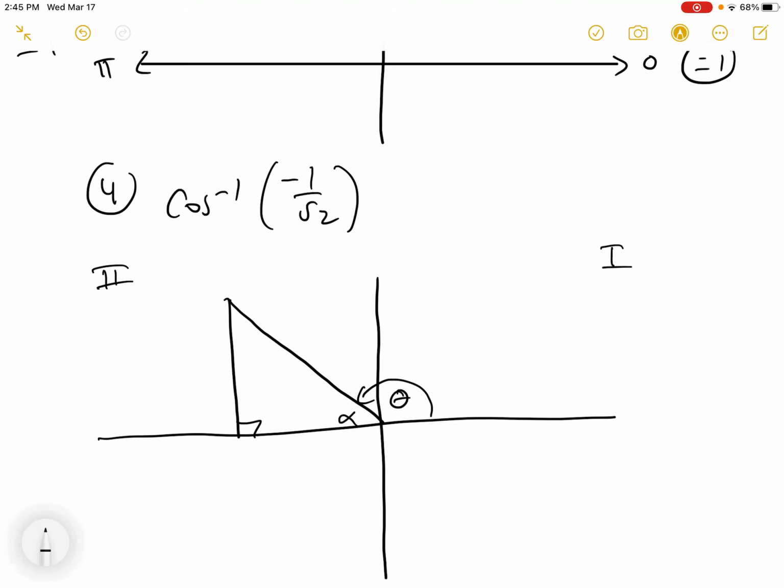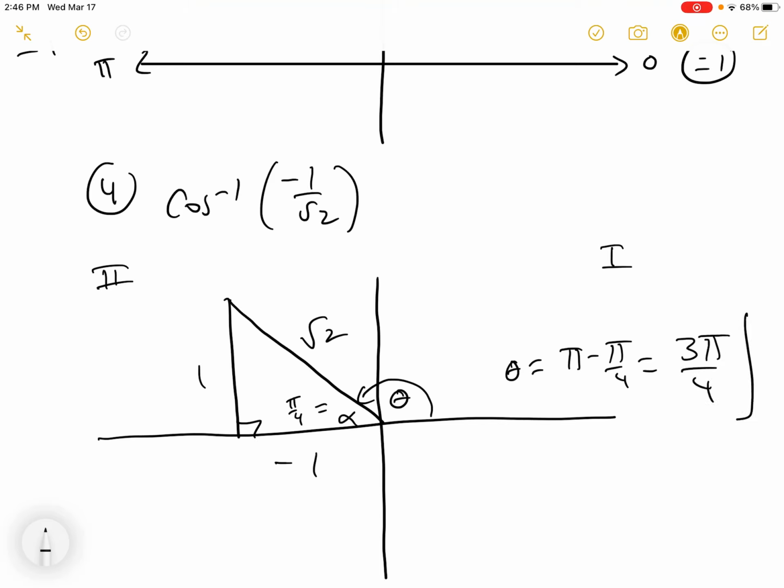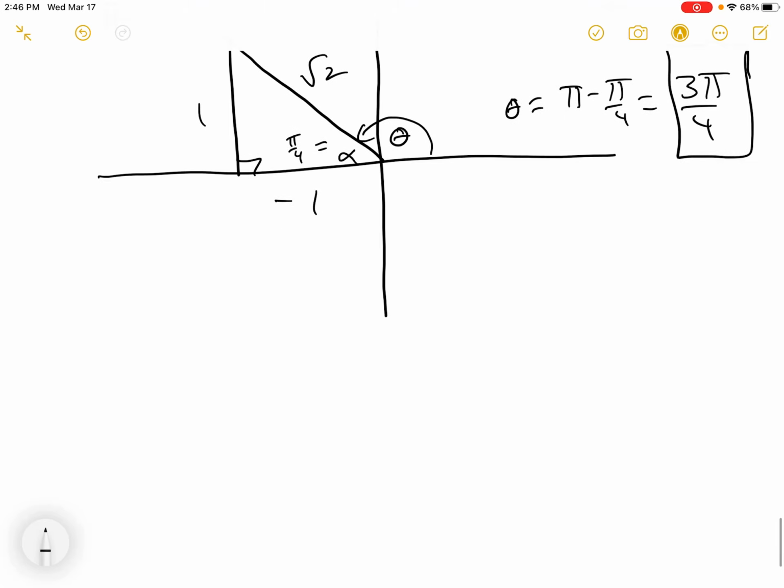This cosine is adjacent over hypotenuse. Okay. So alpha is pi over 4. So theta is pi minus pi over 4, which is 3 pi over 4. Okay. So the cosine inverse of minus 1 over root 2 is 3 pi over 4. All right.